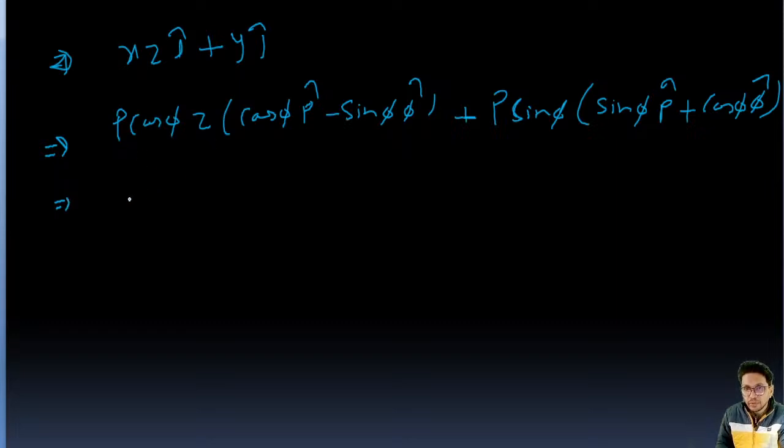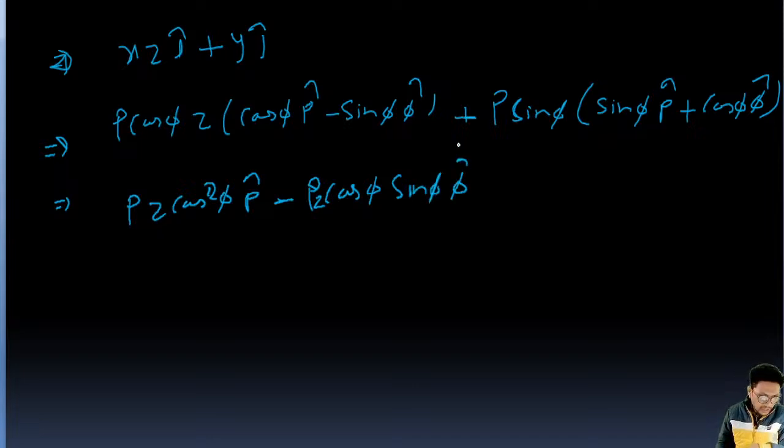So this is going to be rho z cos square phi rho cap minus rho z cos phi sin phi phi cap.